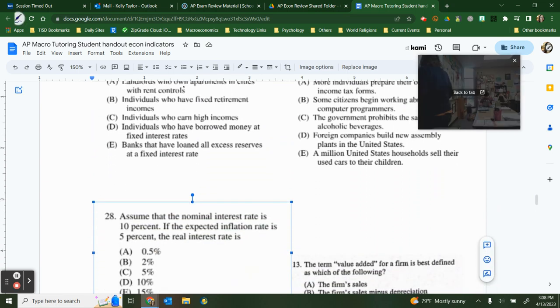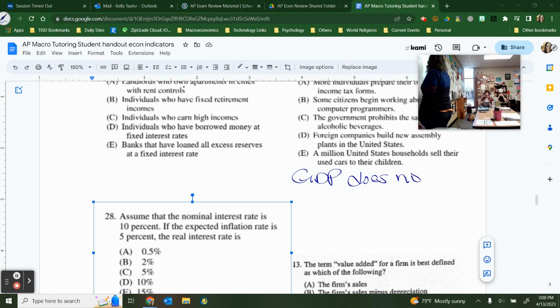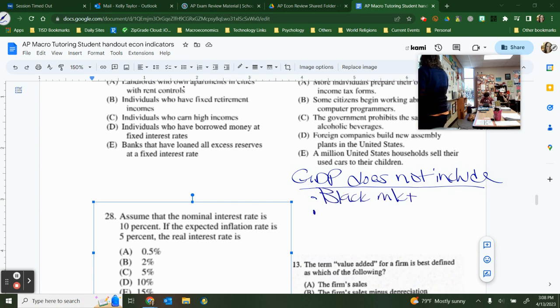If you have any room here, I want to talk about what GDP does not include. Okay, GDP does not include the black market. That would be illegal things. Non-market activities. Yes, that would be like babysitting or a stay-at-home parent. They're providing a service, but they're not being paid.